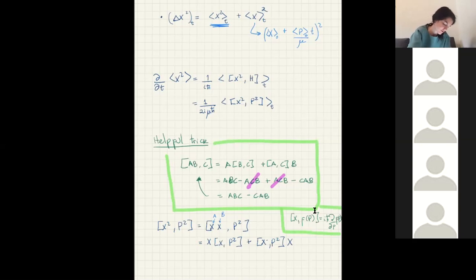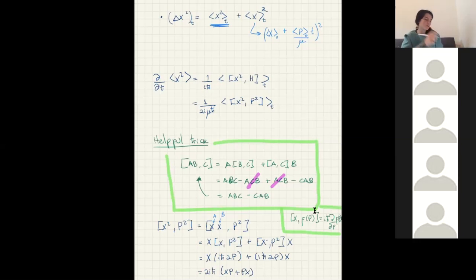Good. And what's the derivative of p squared? That's just 2p. So we get here x i h bar 2p plus, same thing again, i h bar 2p x. So we get i h bar 2 i h bar, xp plus px.